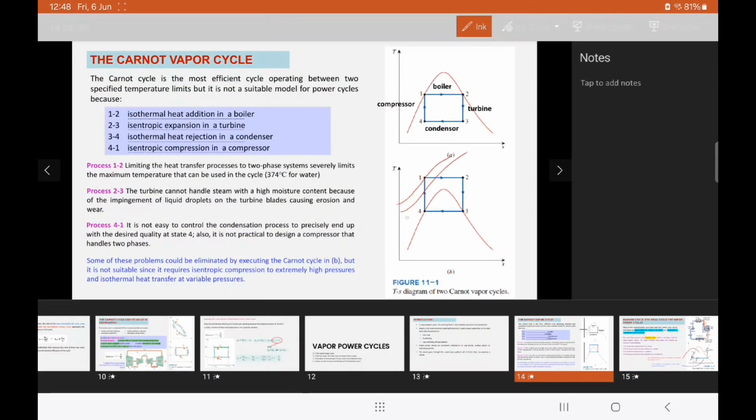This is for example, each of these is pressure A, pressure B, pressure C. So you can see for your isothermal heat transfer process, for example from 1 to 2, you have variable pressure, PC here, PB here, and PA here. So this actually contributes to why Carnot cycle is not a suitable model for power cycles.